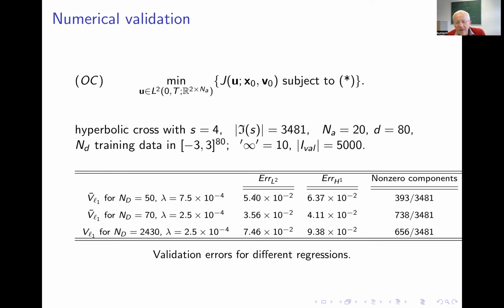So we get an error in L2, we get an error in H1. Before comparing, we cannot say whether this is good or bad, but at least it works. It's smaller than 1. And we have how many components are non-zero? Out of this 3,500, 400 are non-zero.